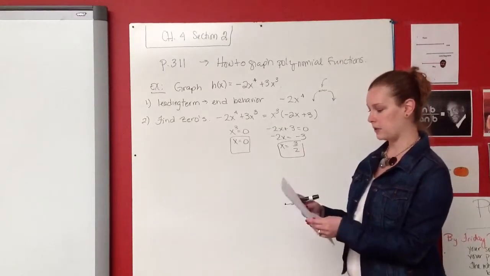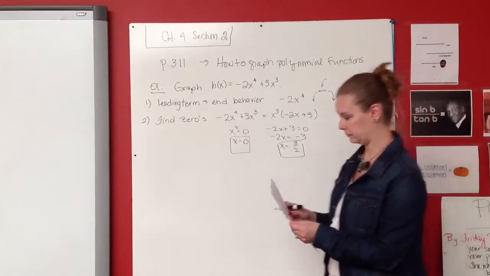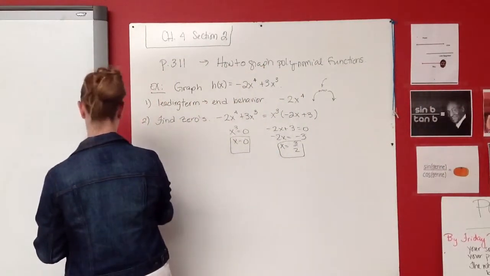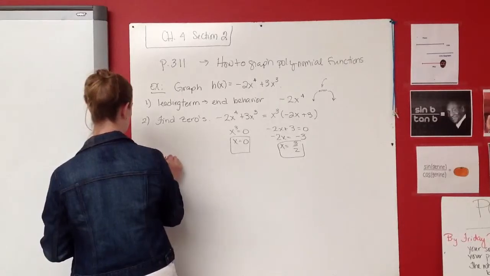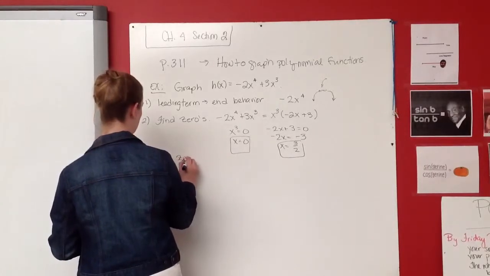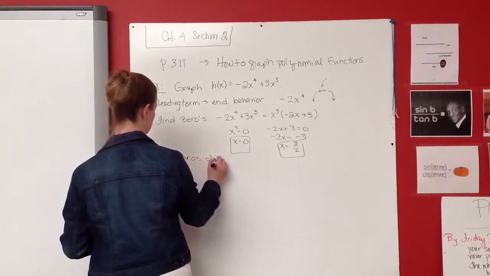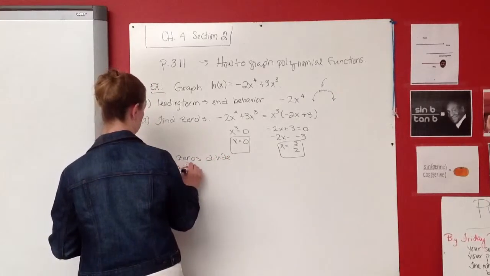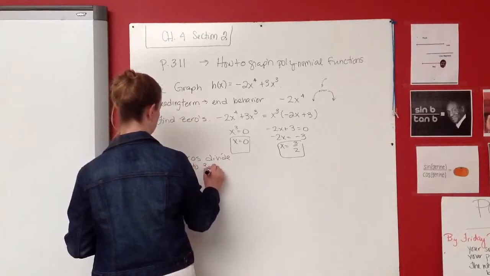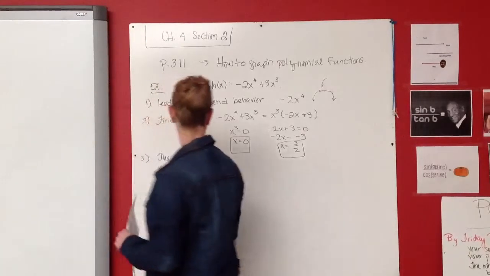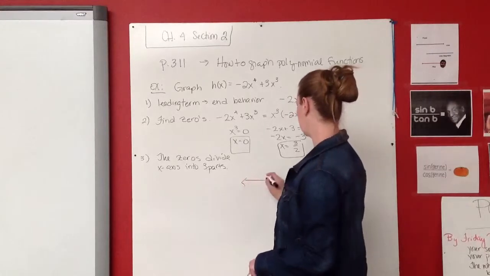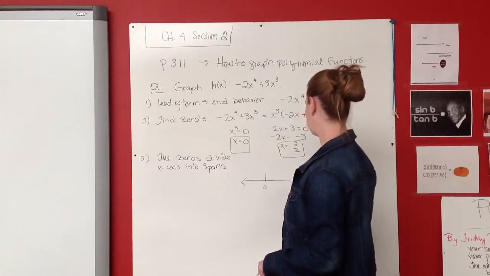All right, step 3. What we need to do is notice that the zeros divide the x-axis into 3 parts. So if you were just to look at the x-axis, you have 0 and you have 3 halves somewhere.